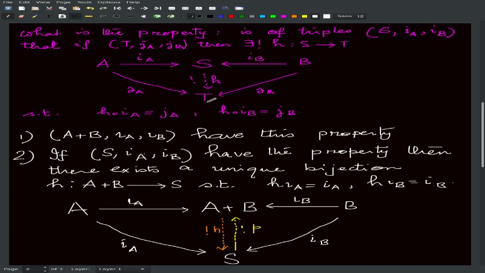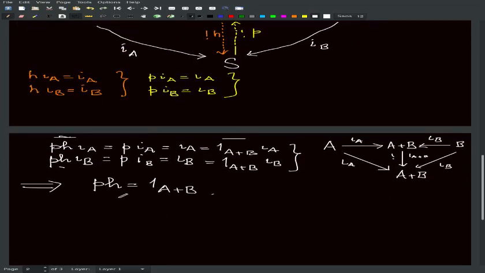So if you take S over here, then the identity of S would be that. So similarly, H P is the identity of S.